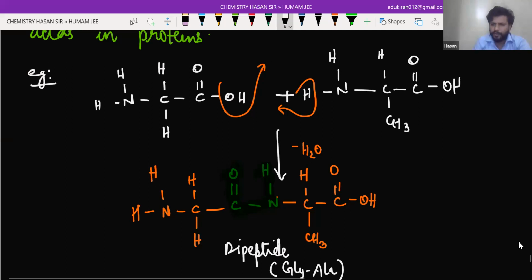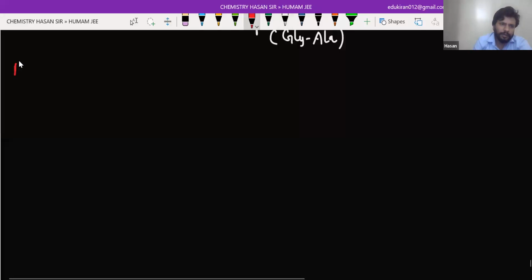In this part, you just need to write very simple like this. Now write polypeptide chain.